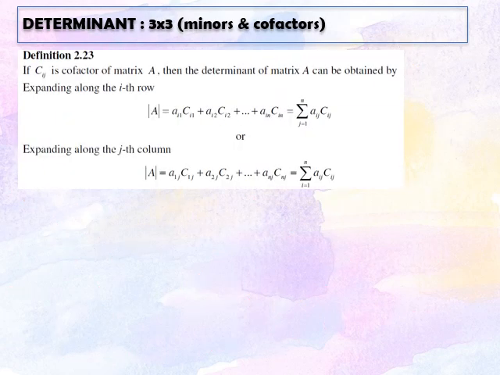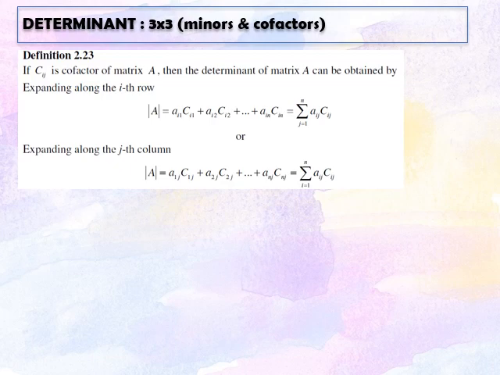So next is to find the determinant of a 3 by 3 matrix by using cofactors. So we have known how to find minors and cofactors. So now we can find the determinant.